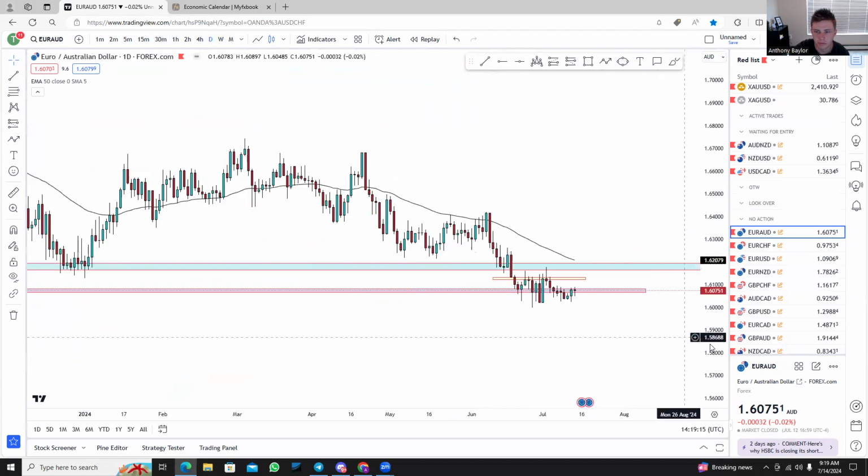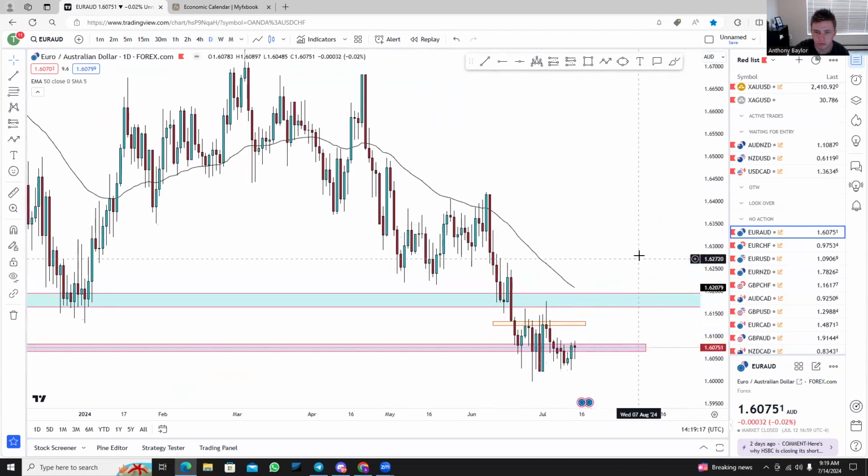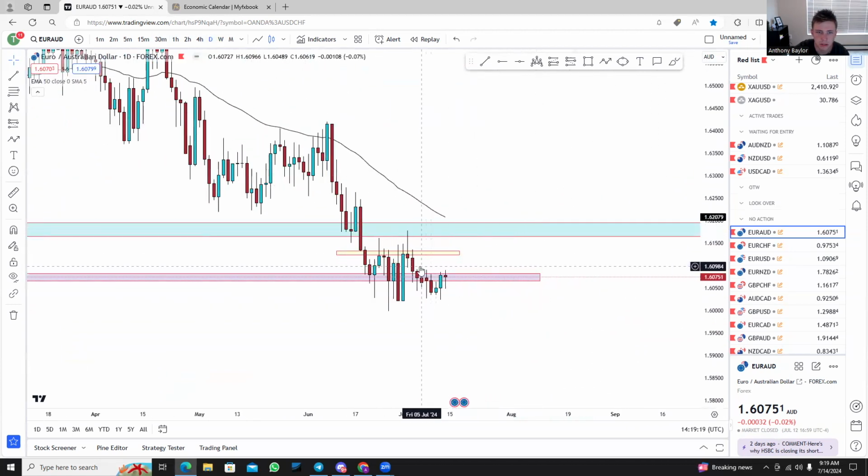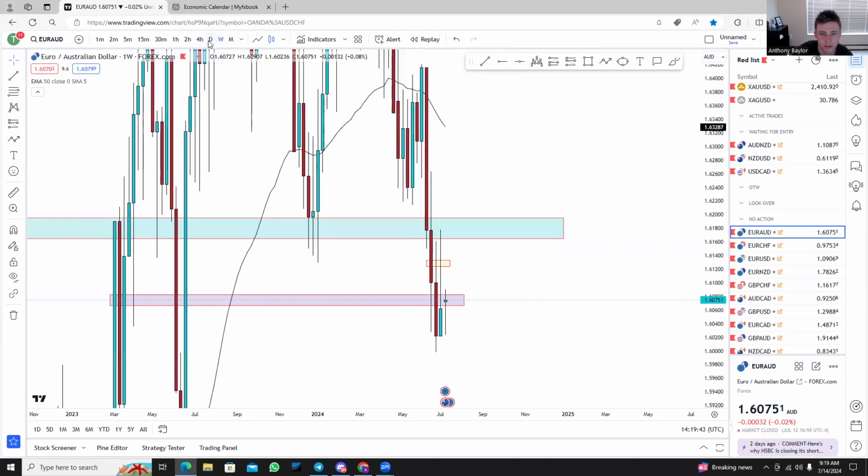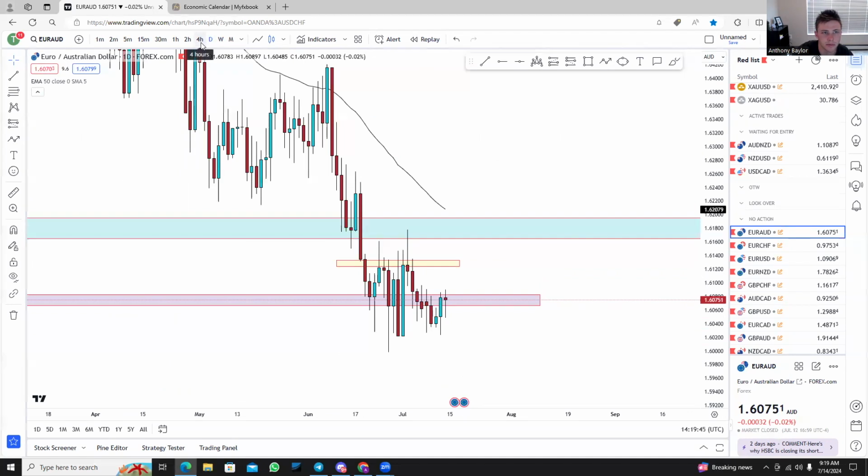Daily is bullish. See how that shift in structure right there? Lower low, lower high, lower low, lower low, lower high, shift in structure right here. Higher high, higher low. It came in. So daily's bullish, weekly's bearish.